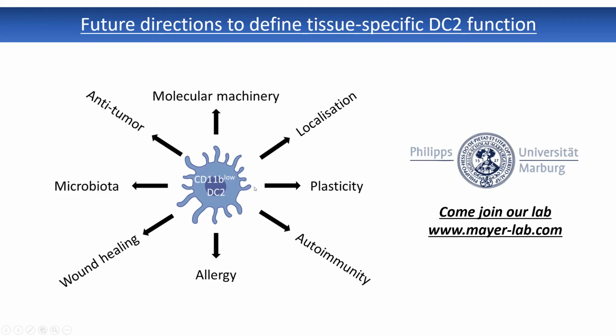But also, if we're now looking at more modern diseases, for example, allergy or autoimmunity, are these types of dendritic cells in the skin uniquely predisposed and uniquely contributing to these types of diseases where wound healing or parasite infection might no longer be required? And so we are now working on this in my new lab.